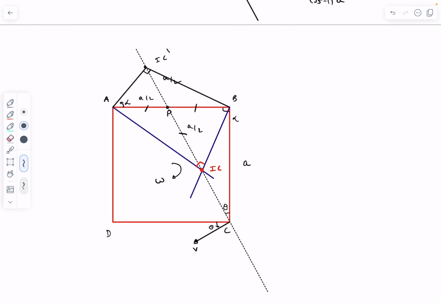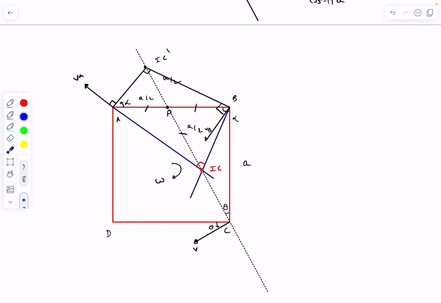So the situation can be like this as well. Here the velocity of A will be perpendicular something like this, and the velocity of B will be in a direction such that it is perpendicular to the line connecting IC to that point. Okay, so this is the second possibility where the IC actually lies outside the square.